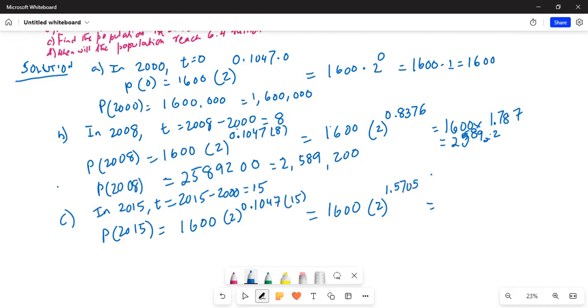So if I do 2, then press the exponent key, 1.5705, and hit enter, this is 1600 multiplied by 2.9707, which is 4753.12.